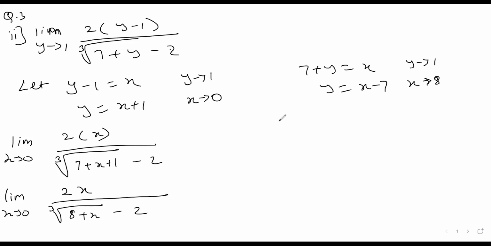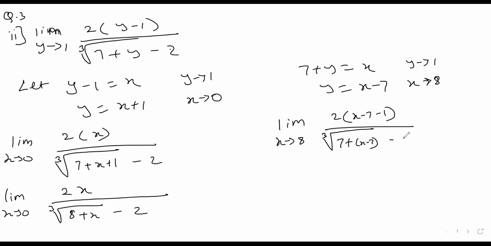So I can write limit x tends to 8, 2 into x minus 7 minus 1 upon cube root 7 plus y, which is x minus 7, minus 2, right?